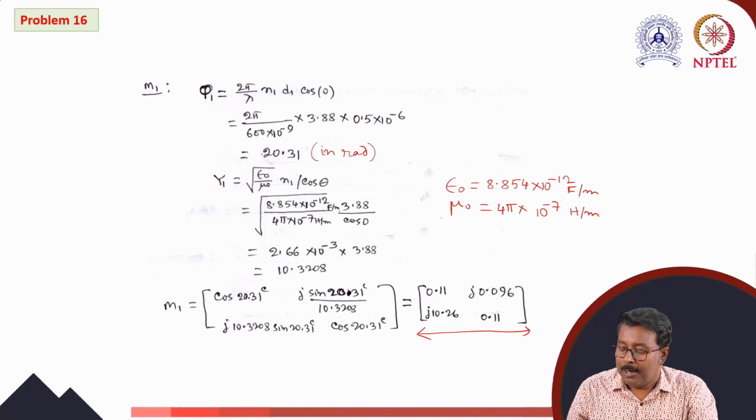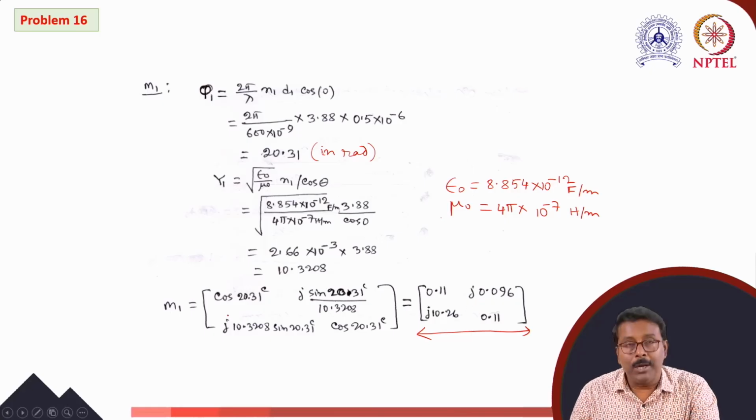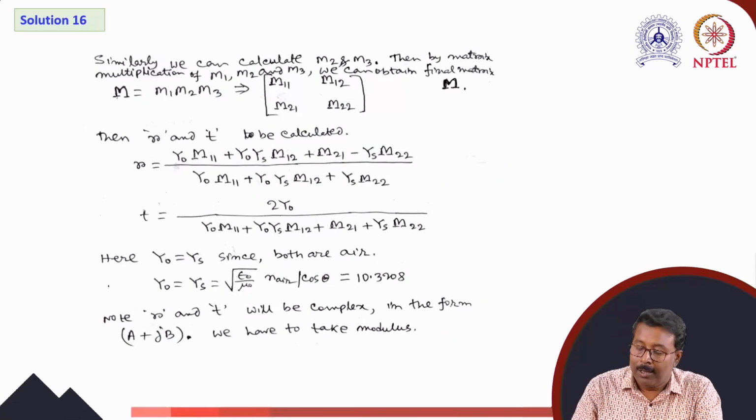There are two cross elements associated with j, so it is a complex value. Similarly, you can calculate the M2 value and M3.